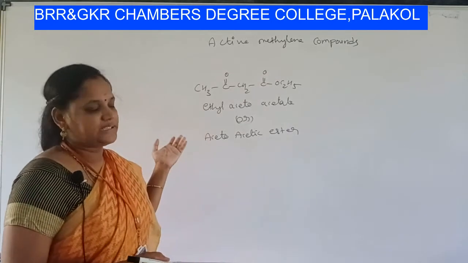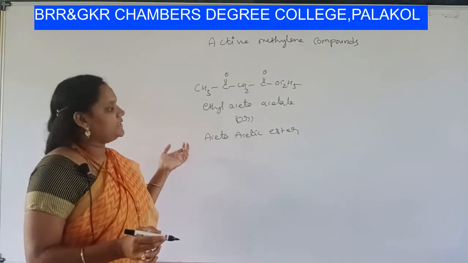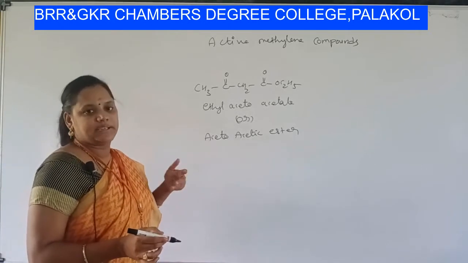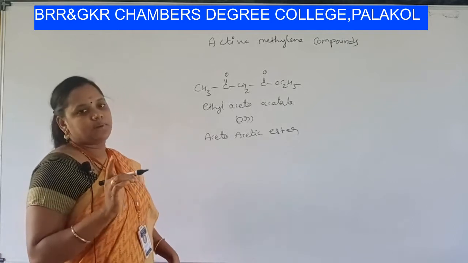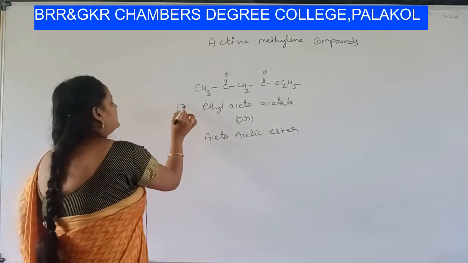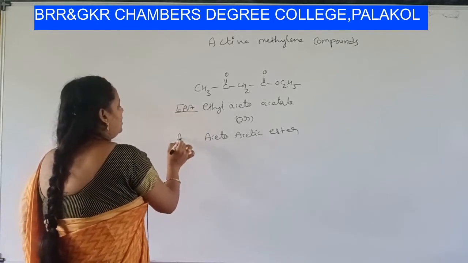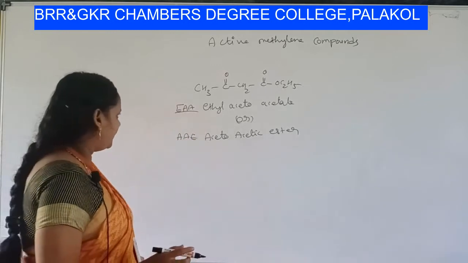Okay, let me start first with the preparation. Through Claisen condensation we can easily prepare acetoacetic ester or ethyl acetoacetate. Let us use one name, students, let us use EAA. You can easily remember it as EAA or AAE, one and the same.